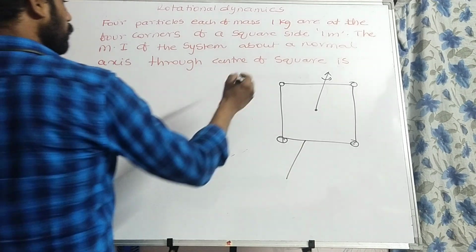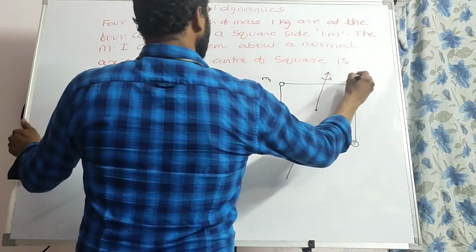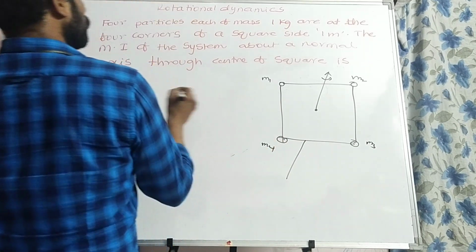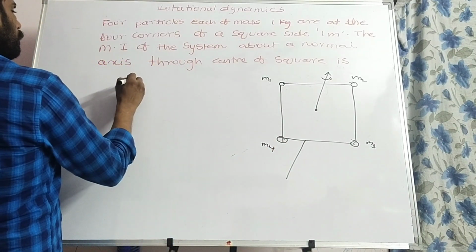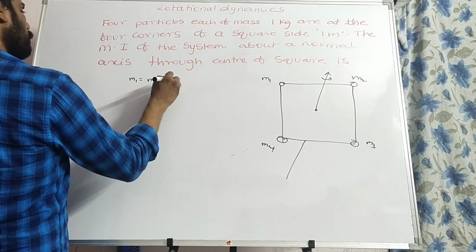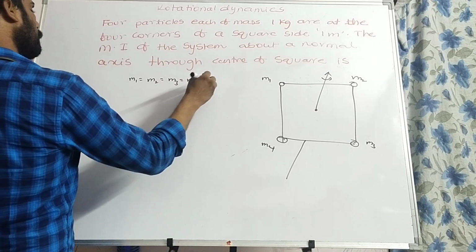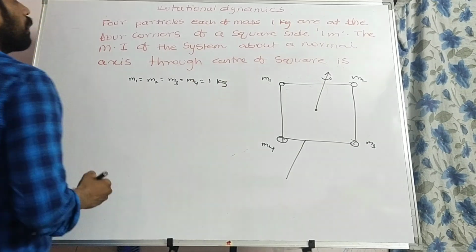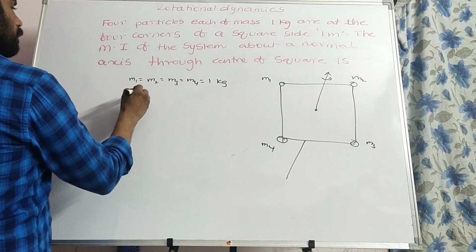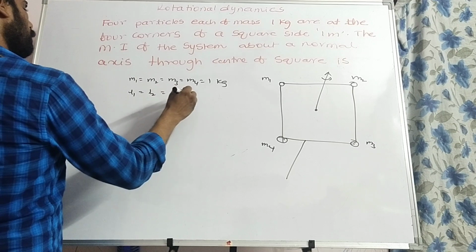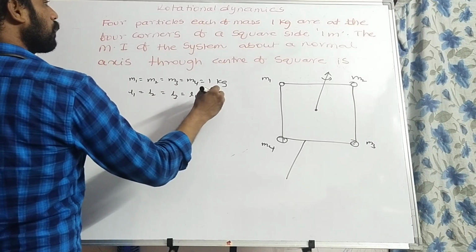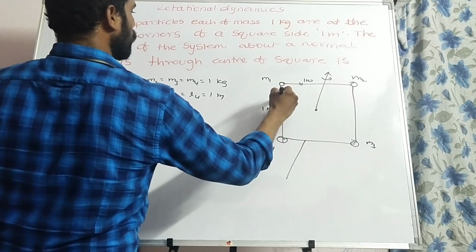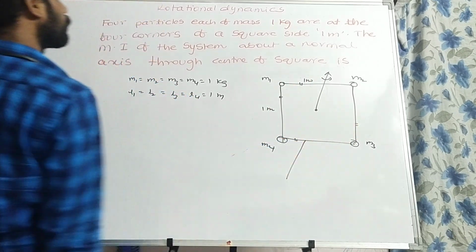So now here we have m1, m2, m3, m4. Each is 1 kg. So m1 equal to m2 equal to m3 equal to m4 equal to 1 kg. And each side, that is L1 equal to L2 equal to L3 equal to L4 equal to 1 meter.